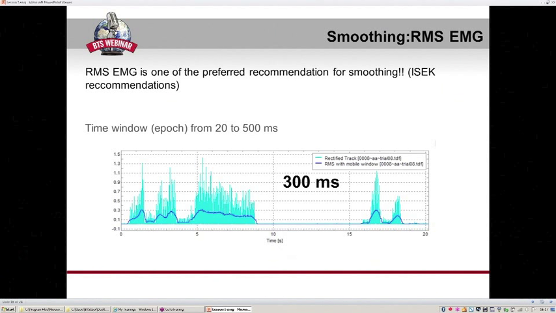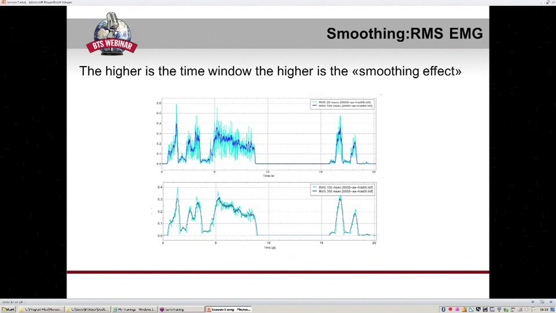Both the algorithms are defined for a certain epoch or time window, and typically the time duration chosen is set to 20 milliseconds for example, for fast movement, up to 500 milliseconds, for example, for slow or almost static activities. In general, the bigger is the time window, the more aggressive is the smoothing result on the signal shape.